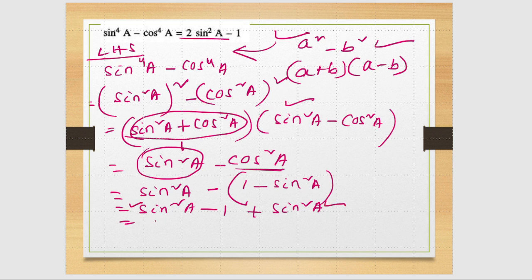Add them: 2 sin square A minus 1, which is nothing but your RHS, and this is proved.